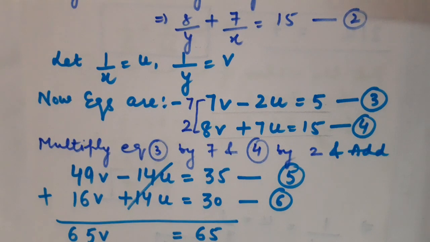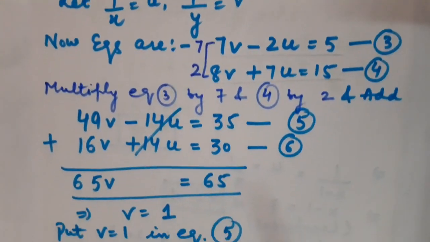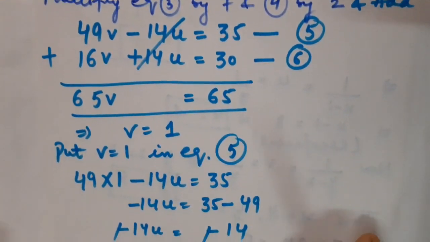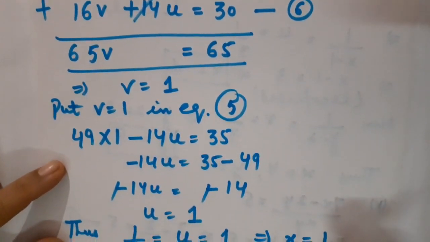Now I want to eliminate the variable u. So I am going to multiply equation number 3 by 7 and equation number 4 by 2 so that I can get 14. Children, please check, did you do like this? So after getting the value of v, I have got the value of u also.